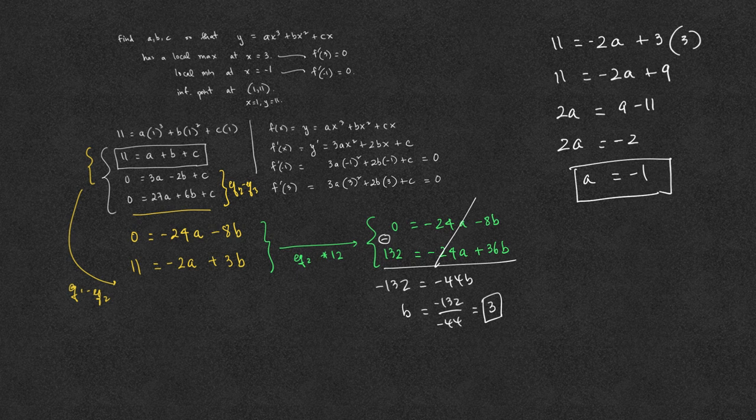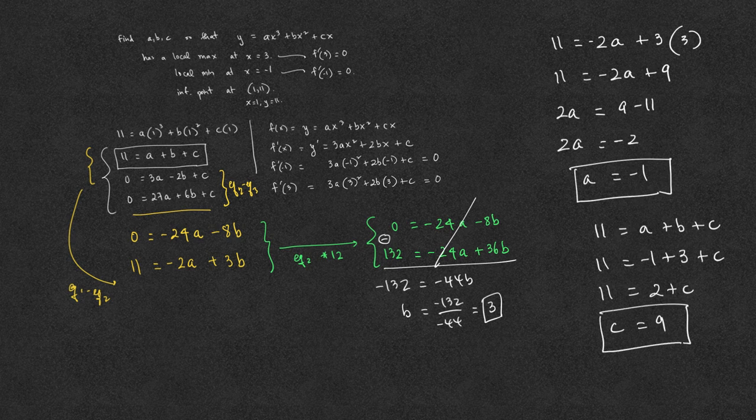With b equals 3 and a equals negative 1, we go back and do a back substitution in any equation with 3 variables. 11 equals a plus b plus c, where a is negative 1, b is 3, and c is still unknown. This is 11 equals 2 plus c, so c equals 9.